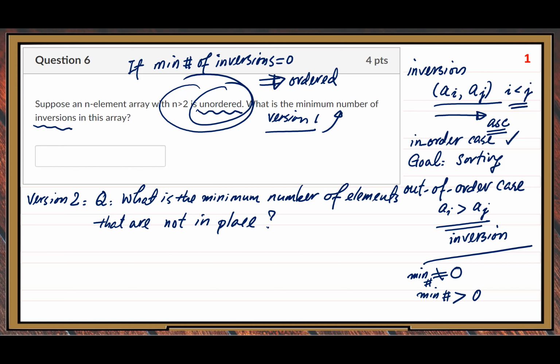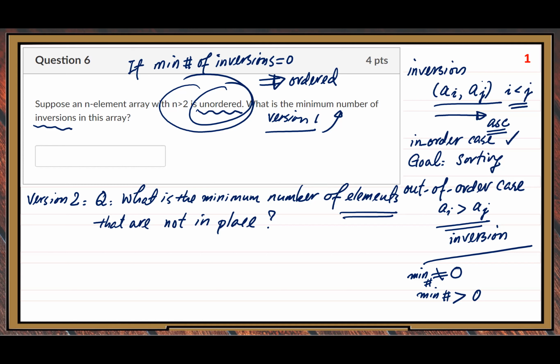Now you can see version 1 and version 2, the questions are different. Although they are closely related, the answers should be different. Here, I ask you the minimum number of elements, not inversions.